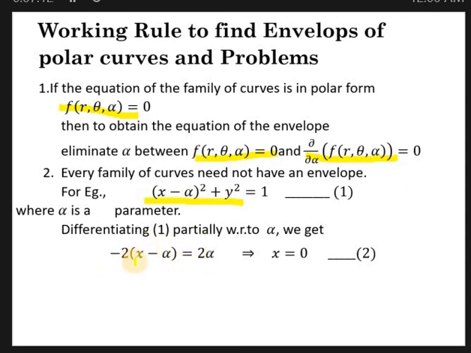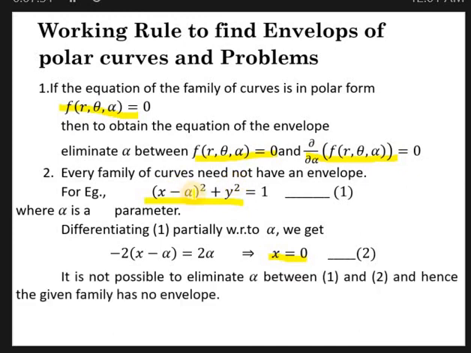Now cancelling 2 and simplifying, alpha also cancels. So we get x is equal to 0. Now x is equal to 0 is the equation 2. Now from 1 and 2, it is impossible to eliminate alpha. So the curve (x minus alpha) whole square plus y square is equal to 1 has no envelope. So every family of curves need not have an envelope.